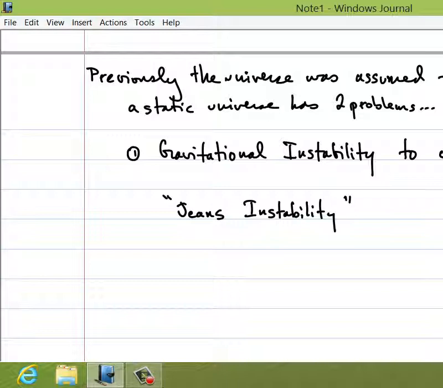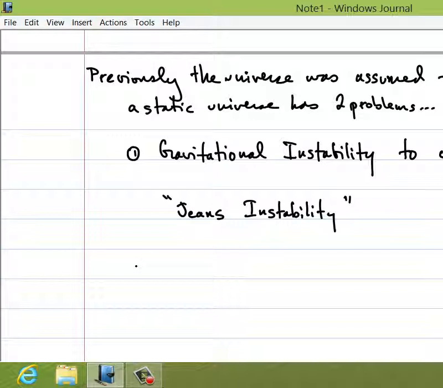The Jeans instability is usually specifically described as the tendency of a cloud of dust, by which I mean just some dispersed matter, to collapse together to form a star. But more generally, people use it to refer to the tendency of gravitational systems to gradually clump and become inhomogeneous.